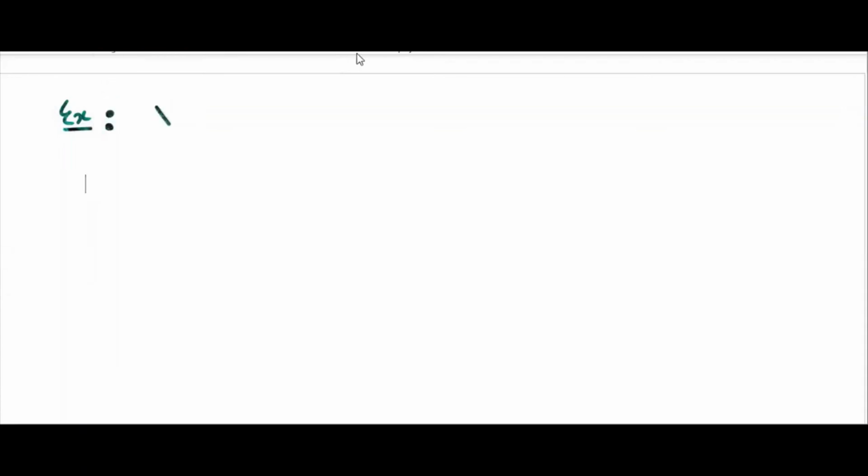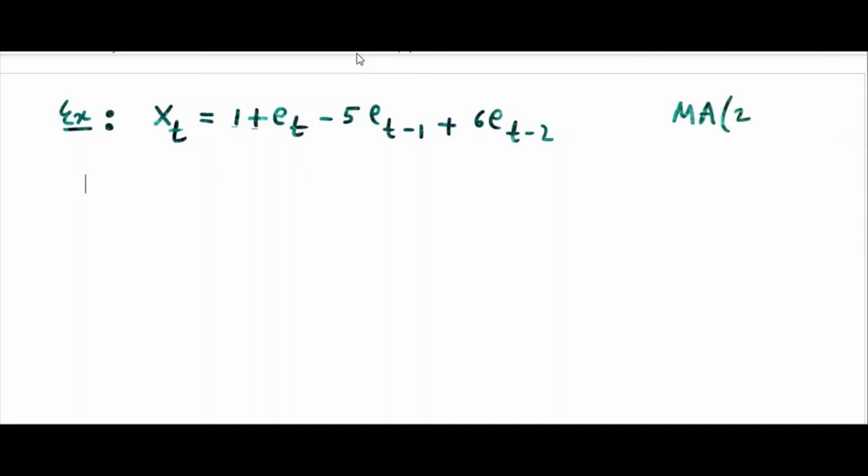So the example is this: xt is equal to 1 plus et minus 5 et minus 1 plus 6 et minus 2. Now, if you see this one, you know that it's an MA process, a pure MA process. There is no AR part here. Though you can write ARMA, it's a pure MA process. You see 2 here, so you can write MA2 process.